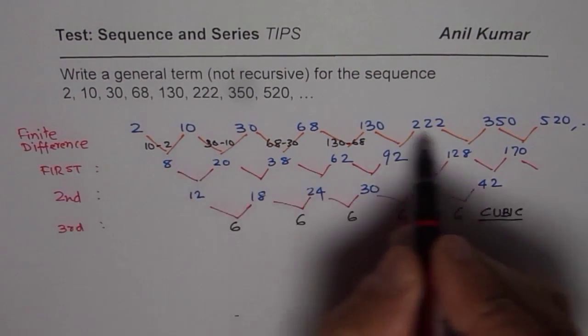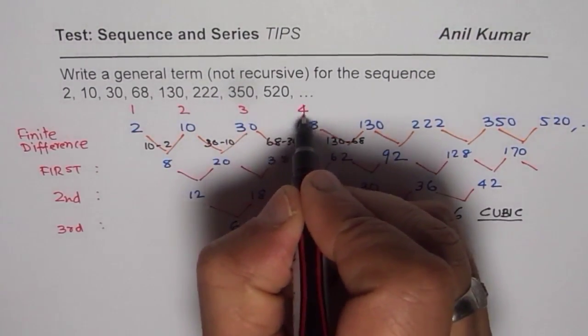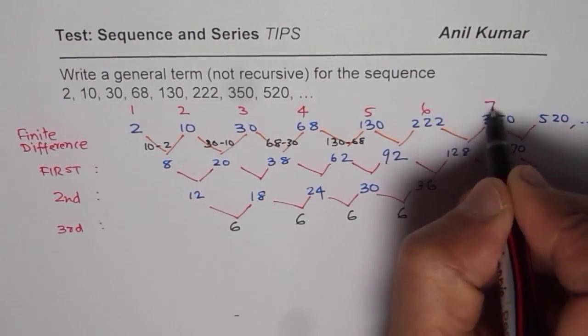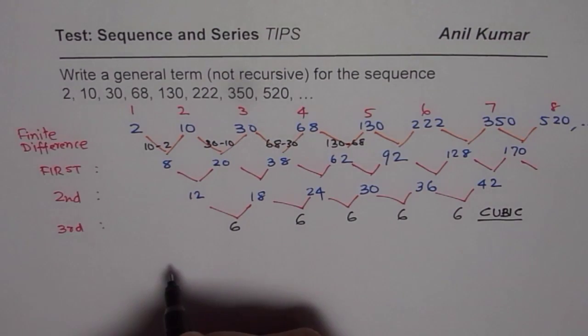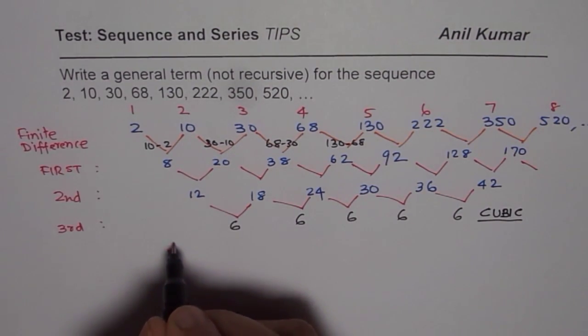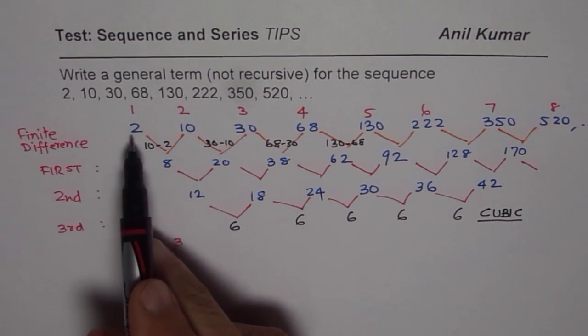So let's write these with term numbers. This is the first term, second term, third, fourth, fifth, sixth, seventh, eighth, right? Now I'm saying cubic, that means we have to find a relation where n cube is involved. For the first term, what is 1 cube? 1 cube is 1, but the number is 2 here.